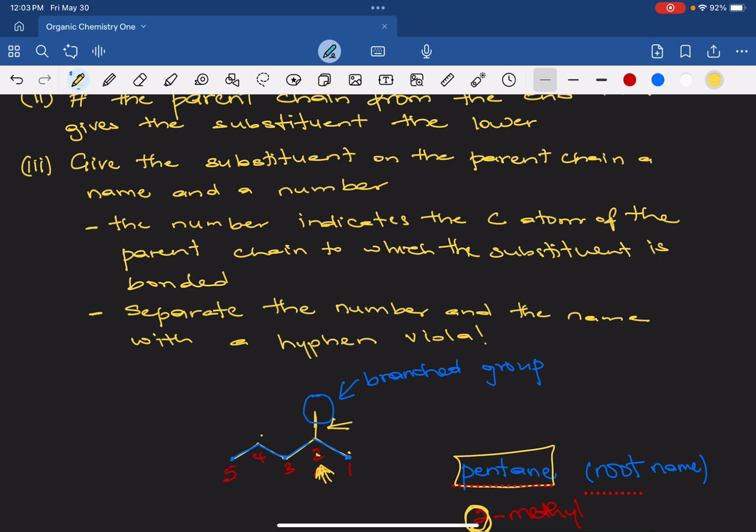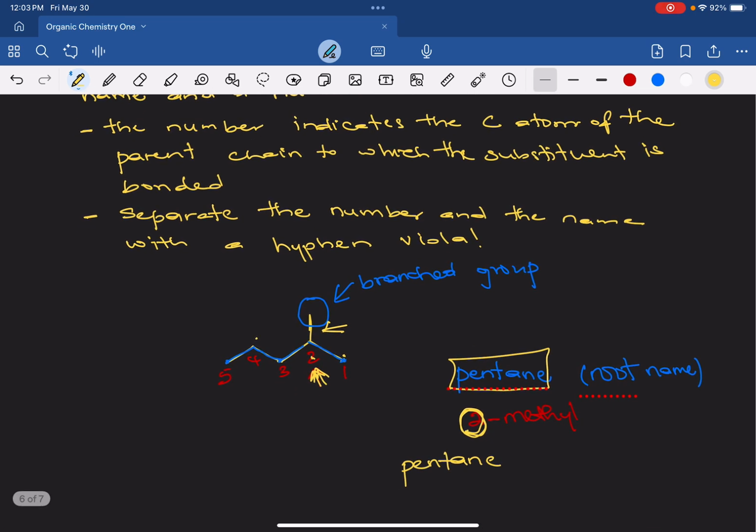In this case, the substituent is on carbon number 2. So you write 2. You must separate a number from a letter with a hyphen. So you write 2-methylpentane.